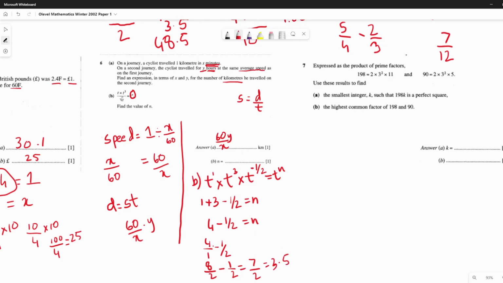What we could have also done is realize that half can be written as 0.5, so we could have done 4 minus 0.5, which would give us the same answer of 3.5 as the value of n.